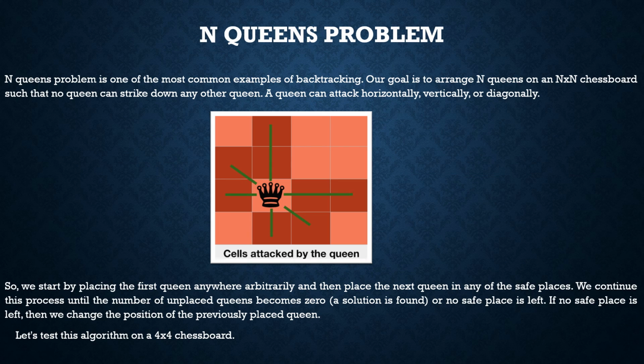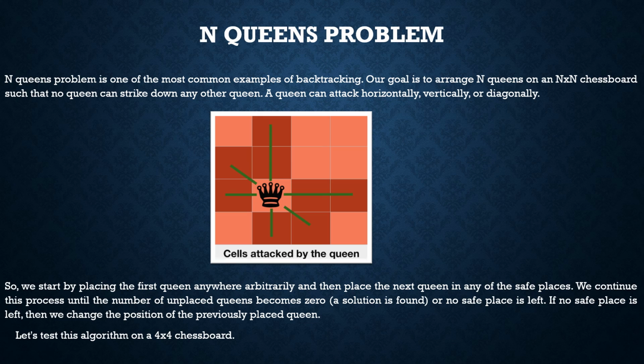The N-Queens problem is one of the most common examples of backtracking. Our goal is to arrange n queens on an n by n chessboard such that no queen can strike down another queen. A queen can attack horizontally, vertically, or diagonally.